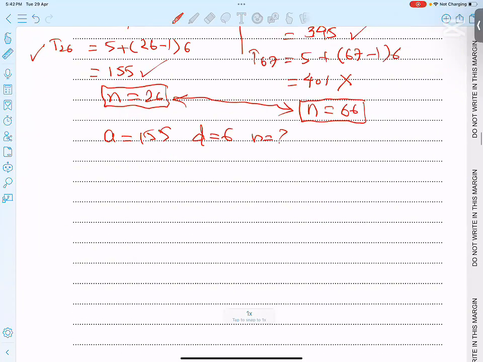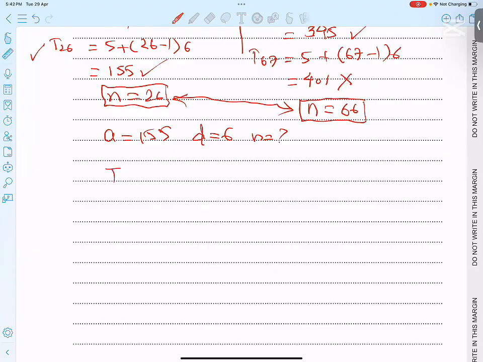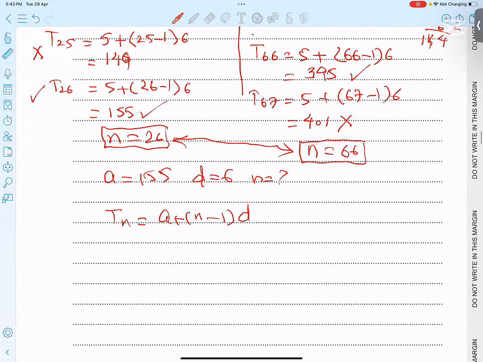So for that reason, I will go for the formula Tn is equals to A plus n minus 1 times d. So you can see from here, the last number which I'm looking for is 395. A is 155, n I don't know, and difference is 6.